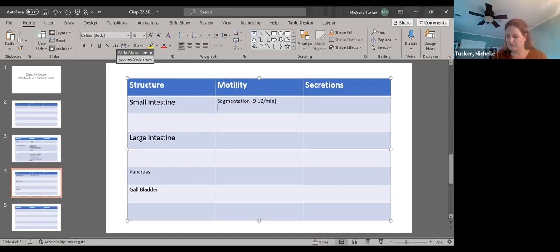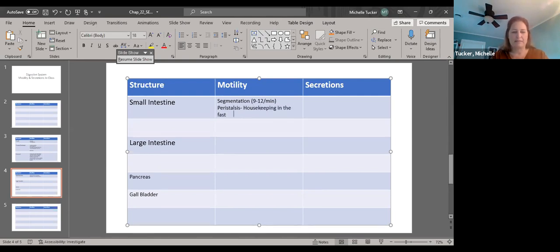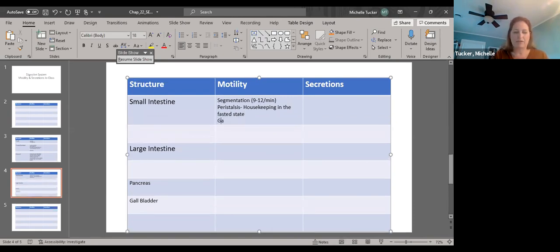There is also peristalsis, but this is housekeeping in the fasted state. And then we also will need to talk about the gastroileal reflex.